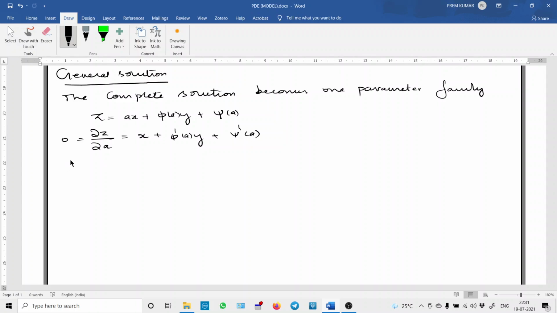So now eliminating a from the above two equations, we get the general solution.